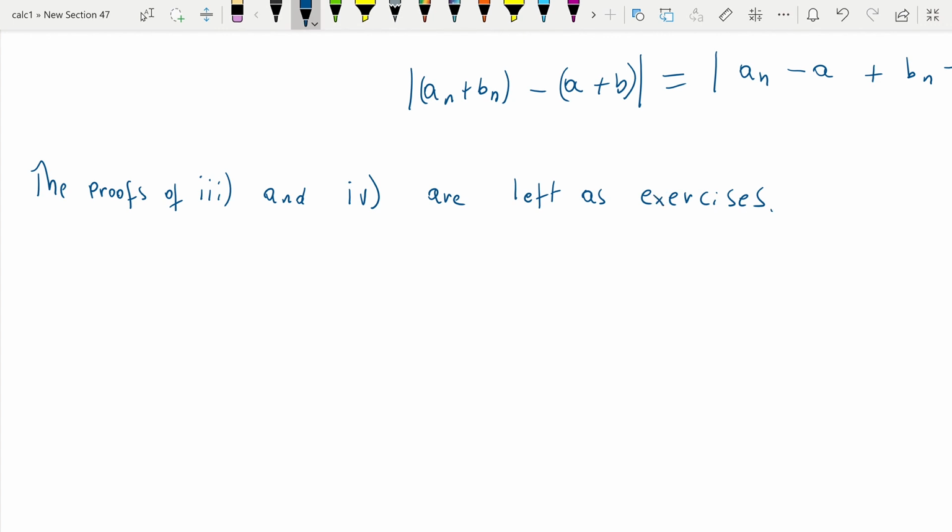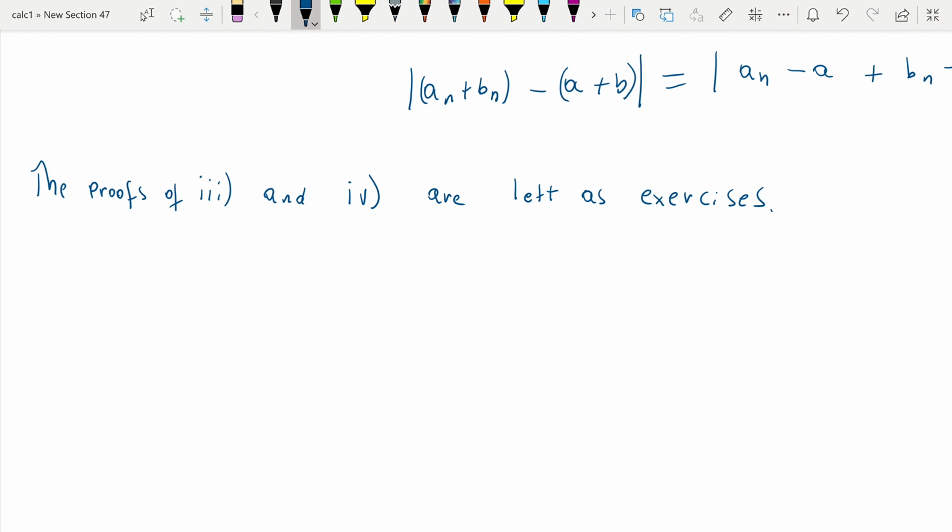You're going to work on these exercises, and I'm going to assume that you work on them and understand the proofs, or at least look at the proofs and try to reproduce them yourself without looking at the book.